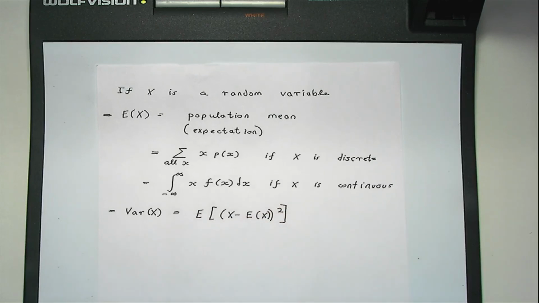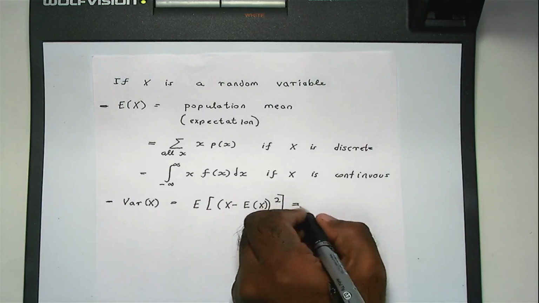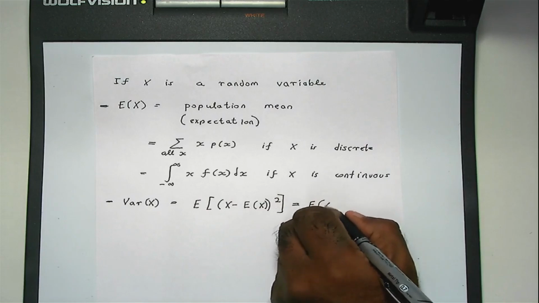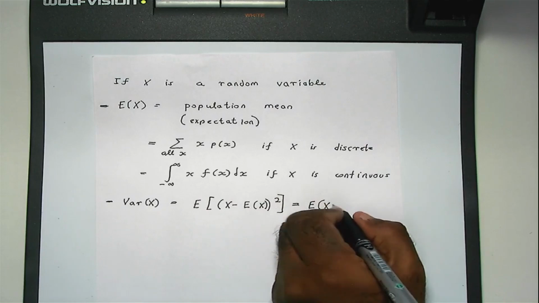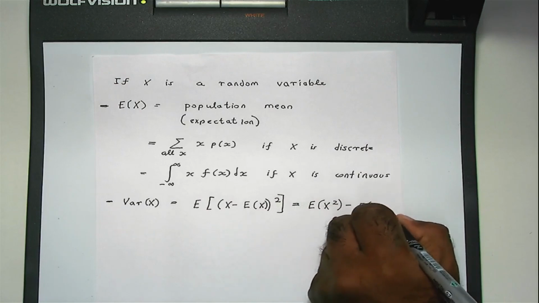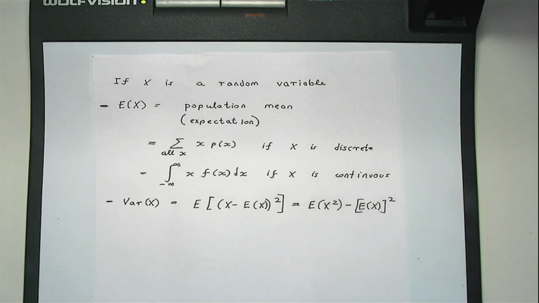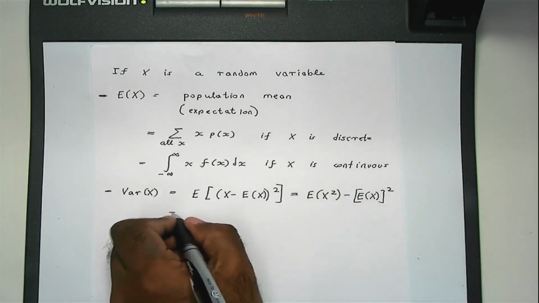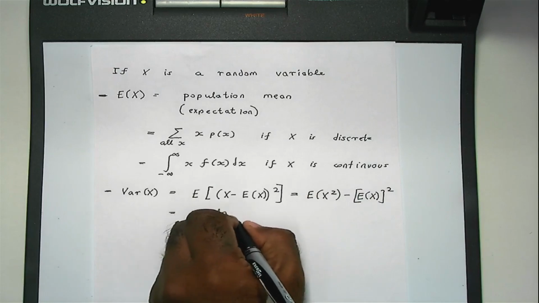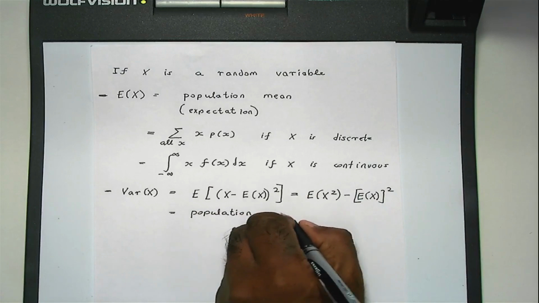So it can also be written as follows. Okay, and in words, this is known as the population variance, right?